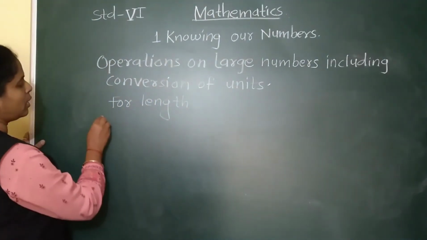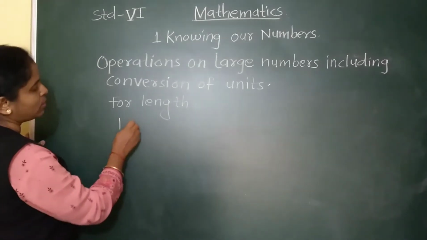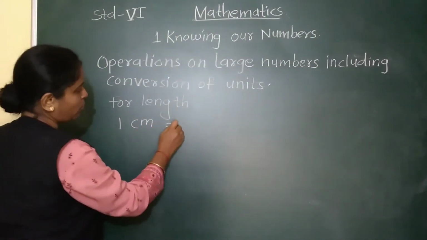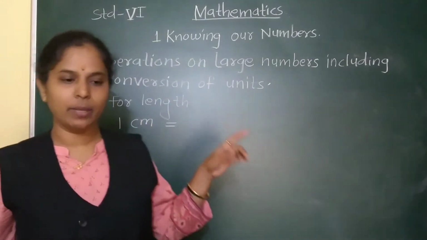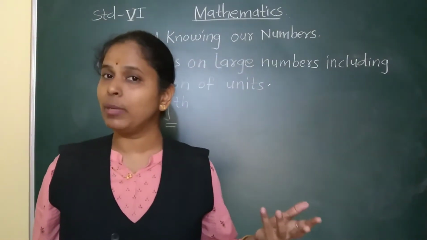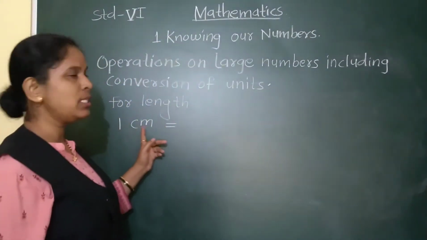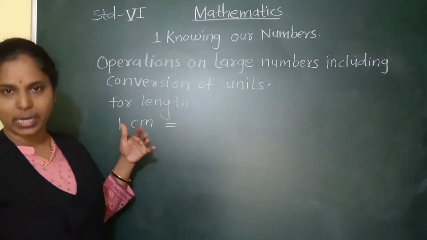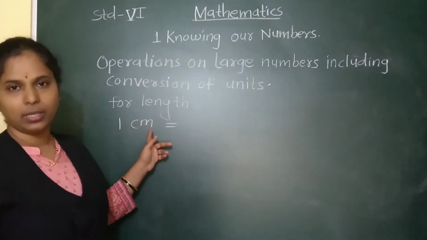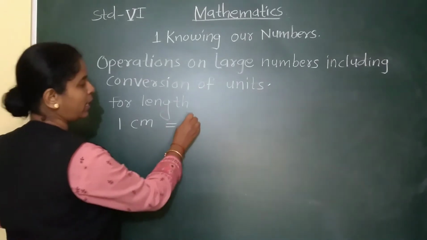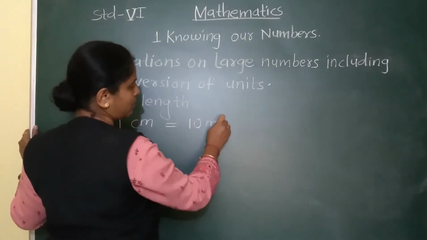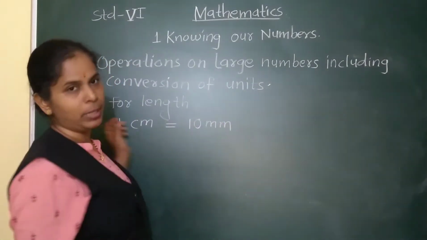First, see here, 1 centimeter is equal to how many millimeters? cm is the abbreviation for centimeter. 1 centimeter is equal to 10 millimeters. mm means millimeters.